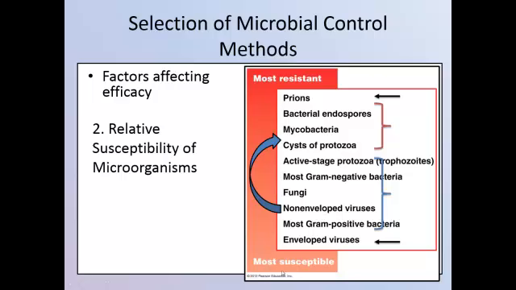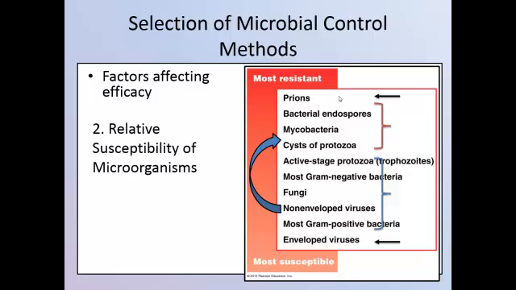Now, before we move on, enveloped viruses. If we're talking about some enveloped viruses, it doesn't take much to kill them. But there are times when we act like enveloped viruses are the next to prions. And that's because there are some of them that are completely fatal. You always die from them, and we don't have a cure.